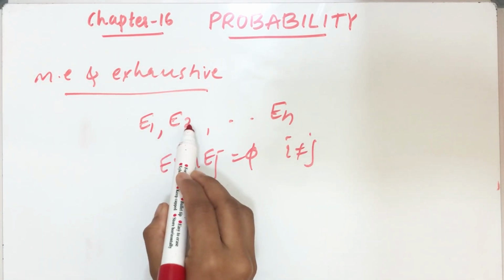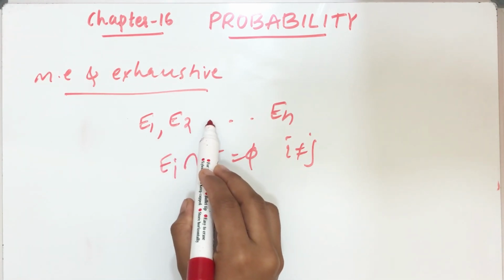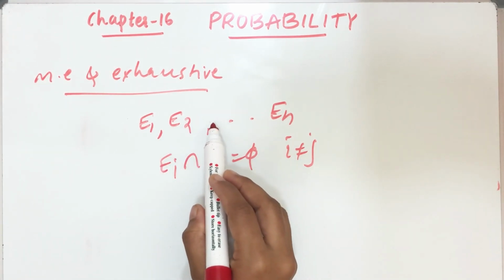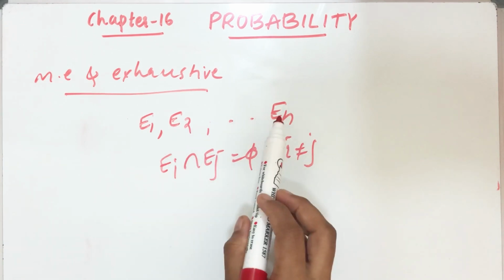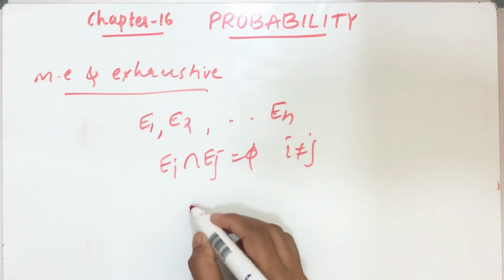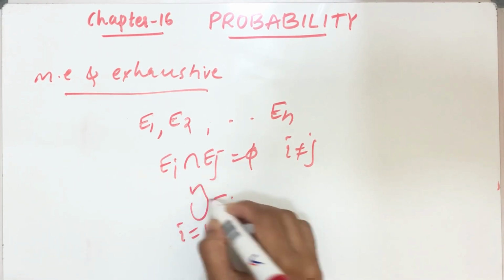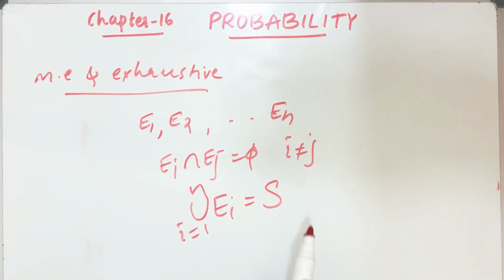That is, E1 intersection E2 is empty, E1 intersection E3 is empty, E2 intersection E3 is empty. Like that, all pairs are empty, mutually exclusive, and their union is equal to the sample space itself. Then E1, E2, etc., En are called mutually exclusive and exhaustive events.